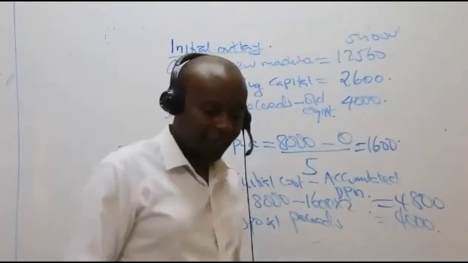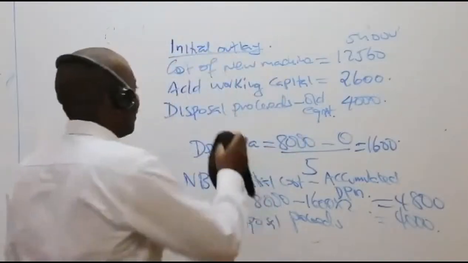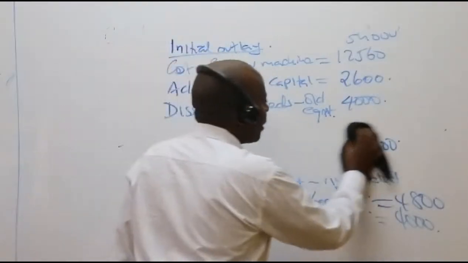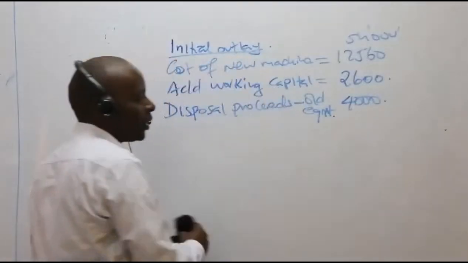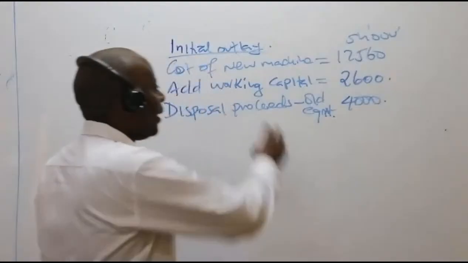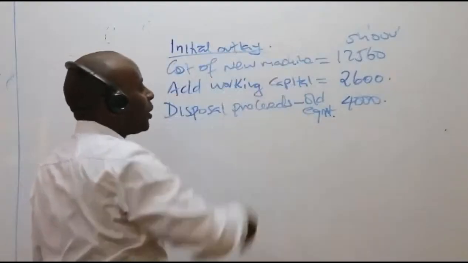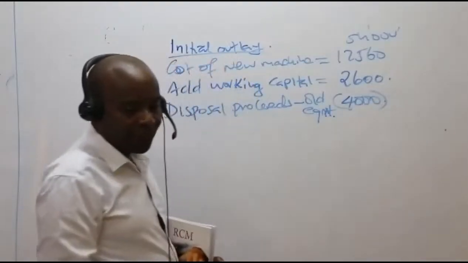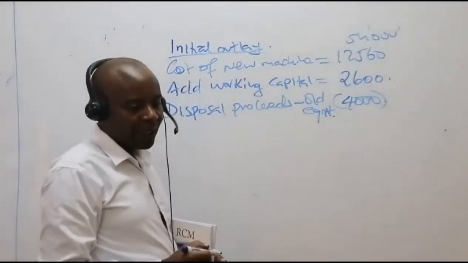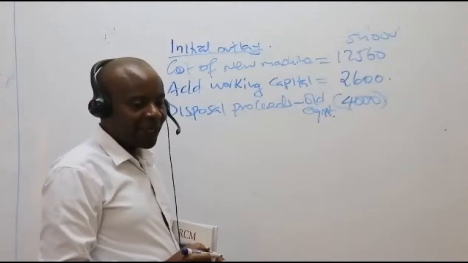Okay, great. So then, ladies and gentlemen, we have here disposal proceeds of the old equipment, 4,000, because you're putting it in a cost statement, initial outlay statement. Then this one here should be put in bracket like that. Right.